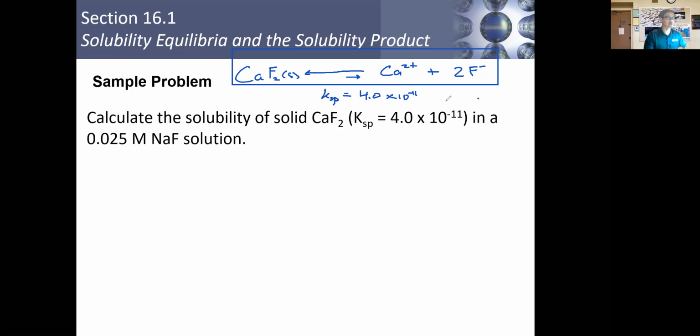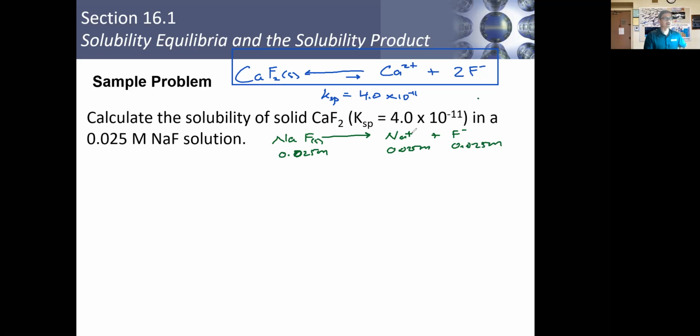Sodium fluoride is a 1A salt, so it's going to dissociate almost completely. We're going to add in 0.025 molar sodium fluoride, which means we're adding 0.025 molar sodium and 0.025 molar fluoride.